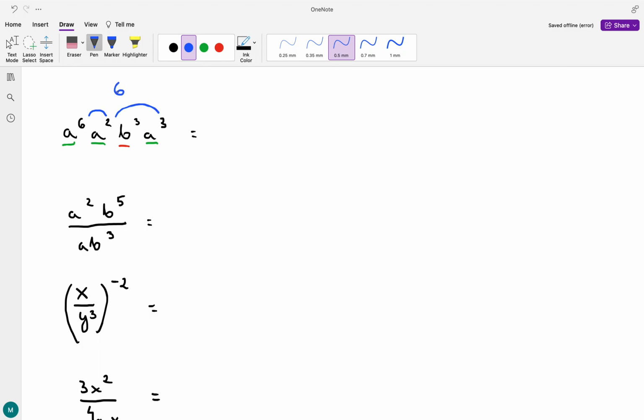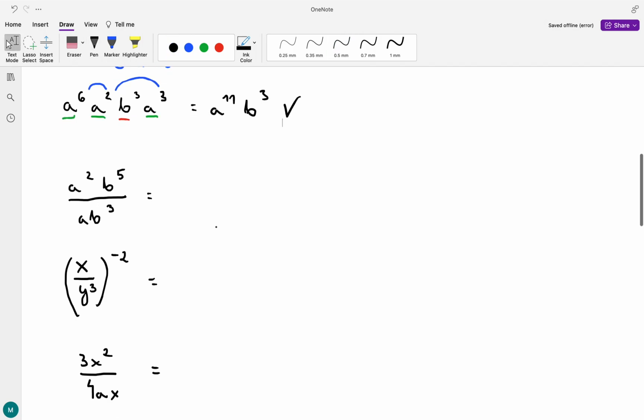So I have 6 plus 2 plus 3, that's 11. So I have a to the 11, and there is nothing really to be done about b to the 3rd, so it's going to remain the same. Is it in the simplest form that we can make it? Yes, it is.